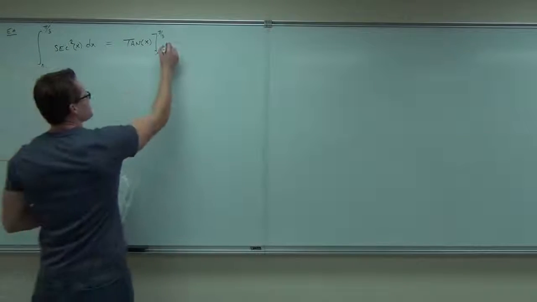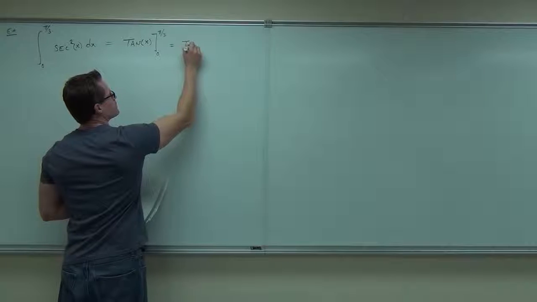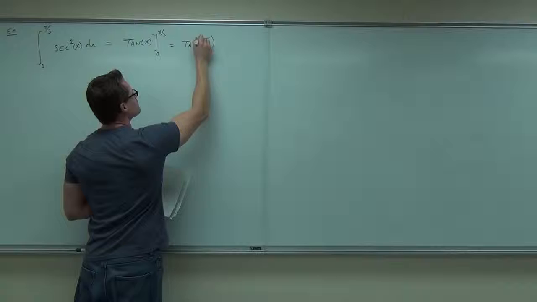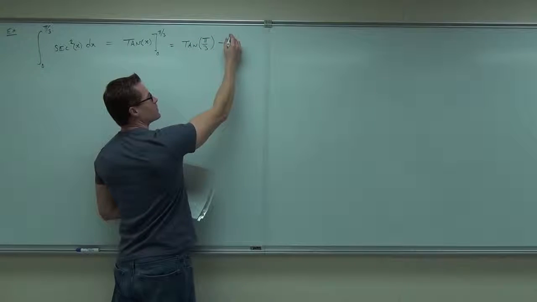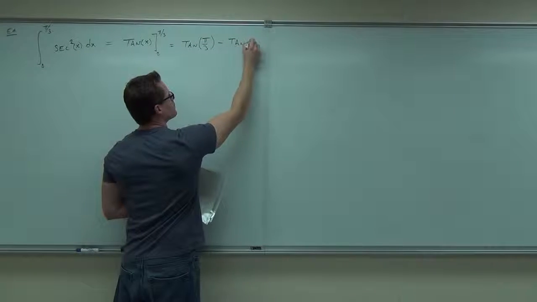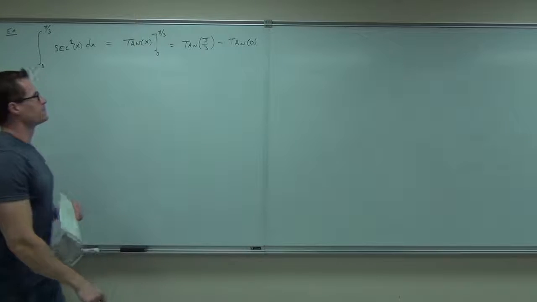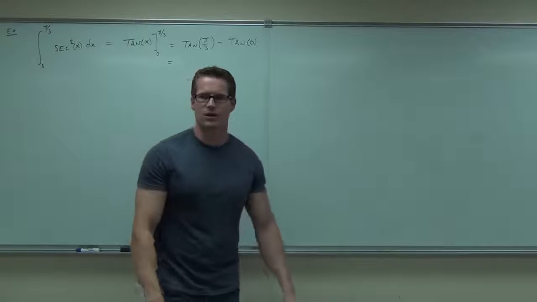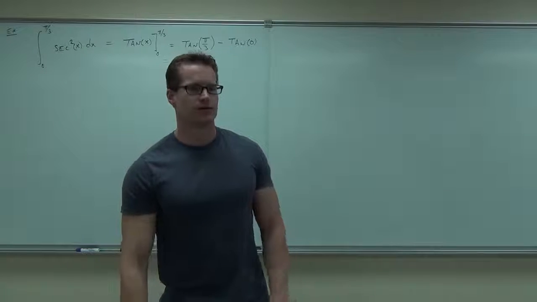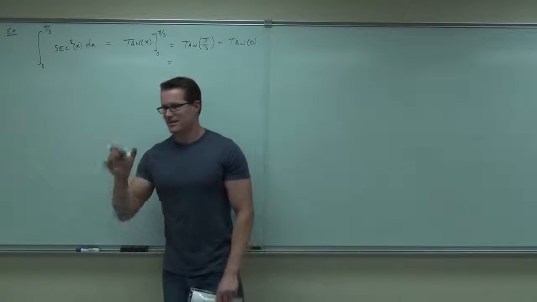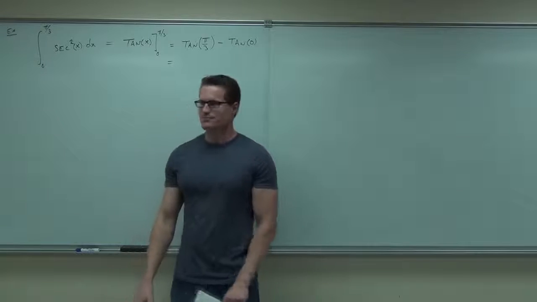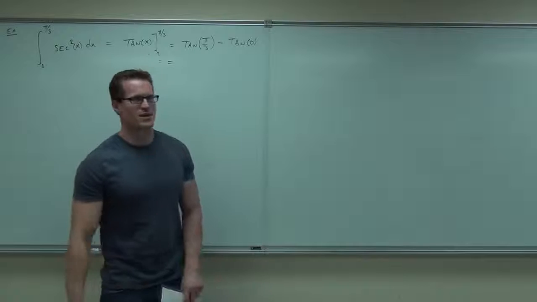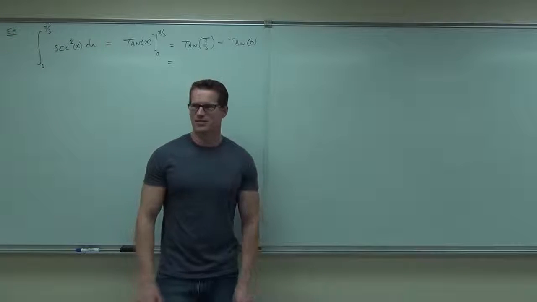So what this says is tangent of pi over 3 minus tangent of 0. Well, that's not too painful. How much is tan pi over 3? 1.73, like my calculator says.